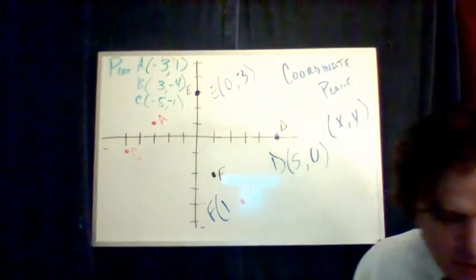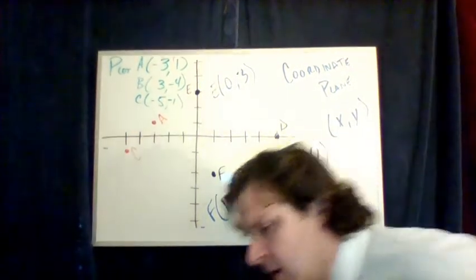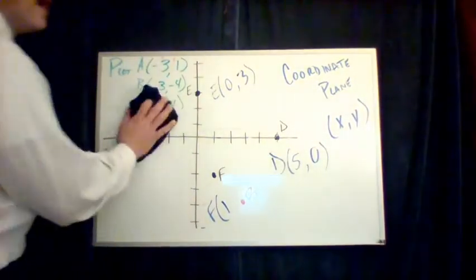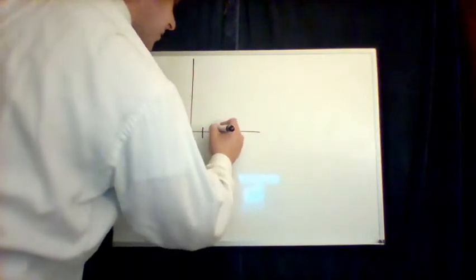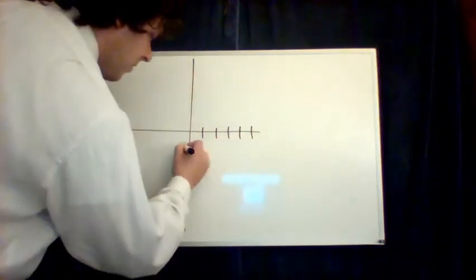Stay with me here. Remember, I know you don't have graph paper right now, so just make a little graph on your paper, right? Shouldn't be too terrible. But I'm going to make up a graph here. I want you to look at them. All right, 1, 2, 3, 4, 5.